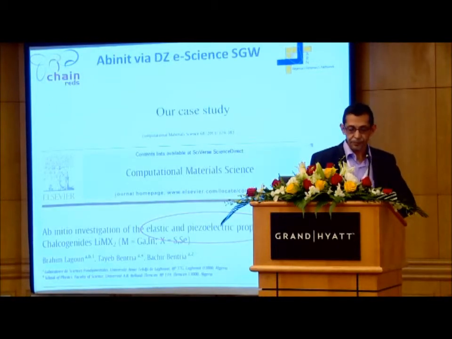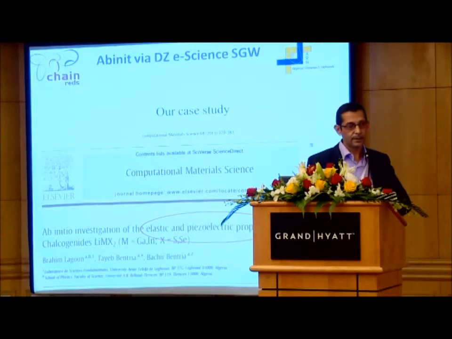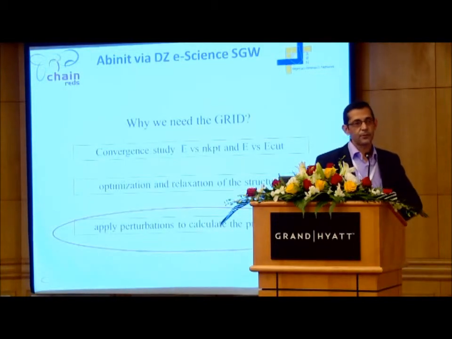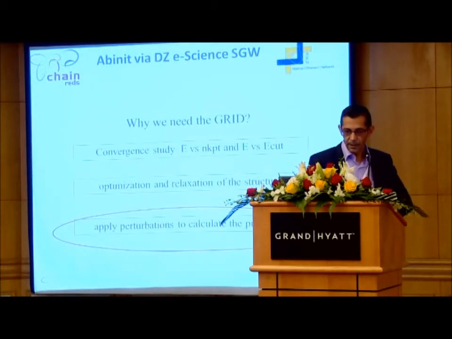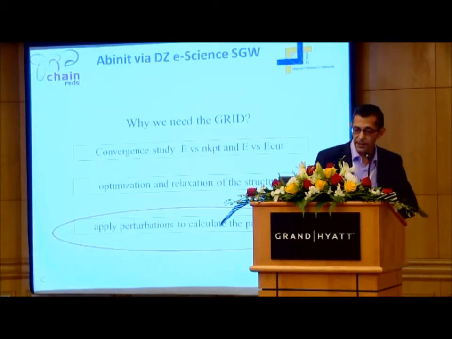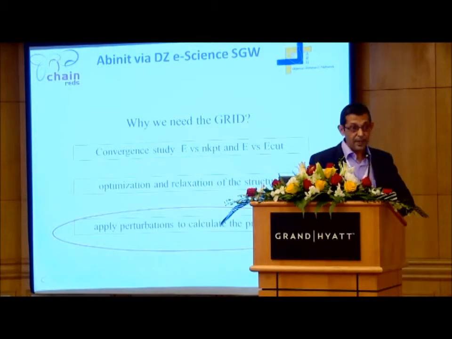In our case, we have studied two properties of a family of materials, the elastic and piezoelectric properties. To do this, we have to follow this map. Firstly, we have to do a convergence study to determine the parameters of calculation.